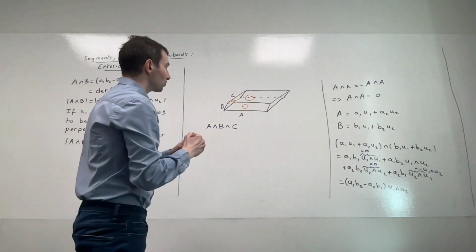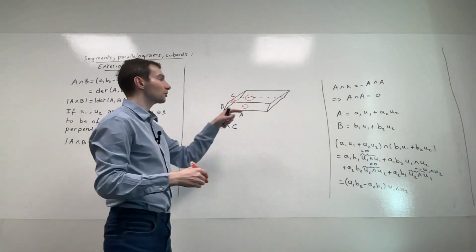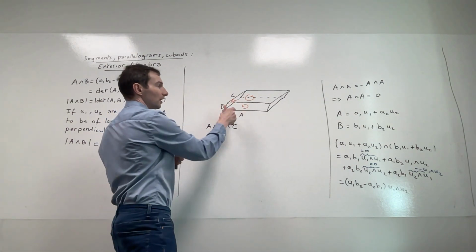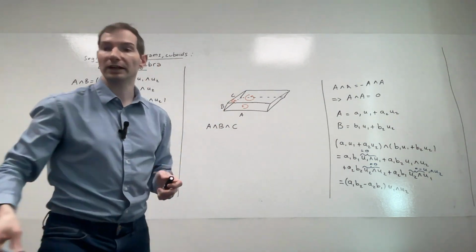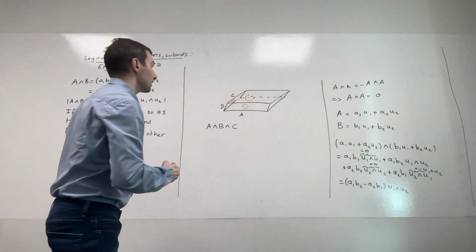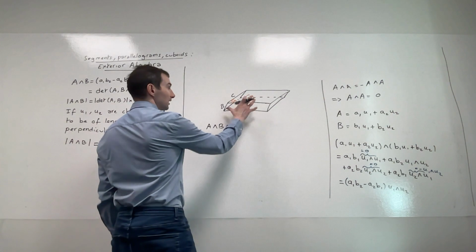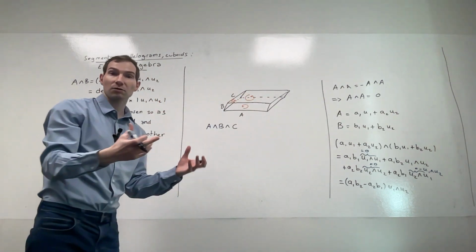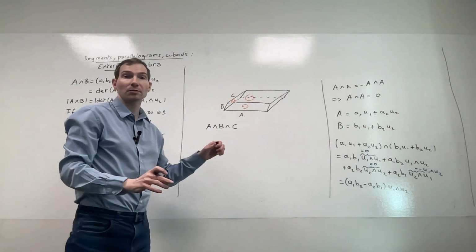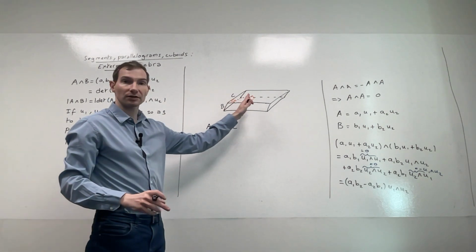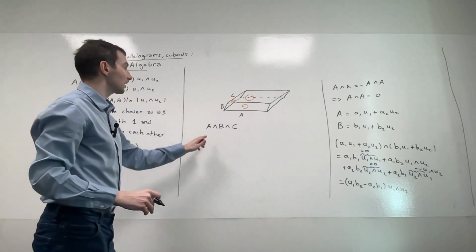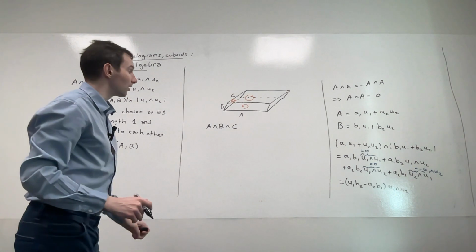So you're going to have directions associated to these loops you can create depending on taking the different pairs of vectors. But the bottom line is that A wedge B wedge C corresponds to this particular object. At least that's one of the possible, and in my opinion the simplest, interpretations of this object that is made out of these three vectors.